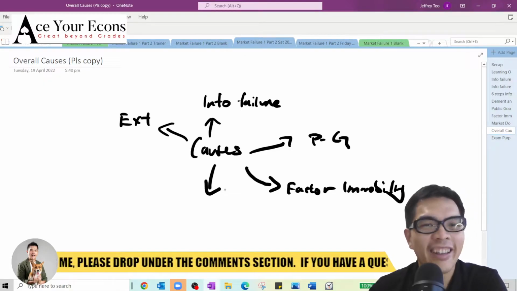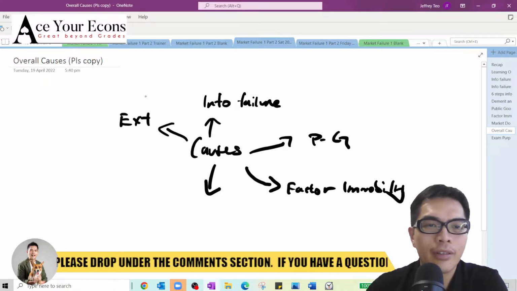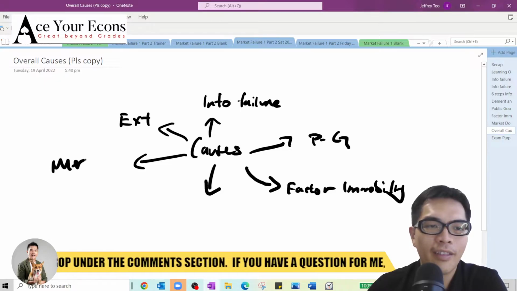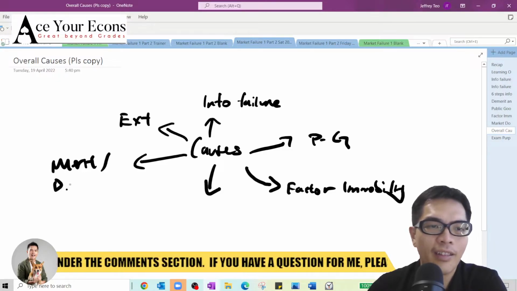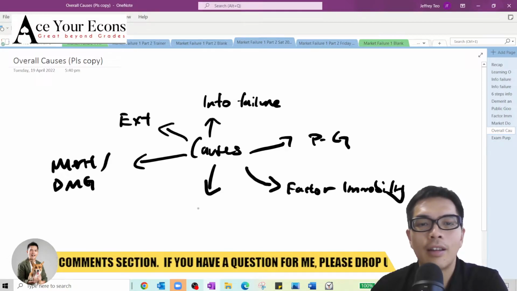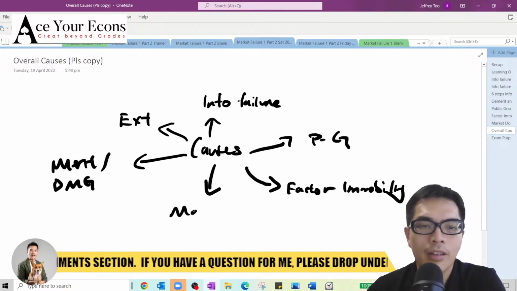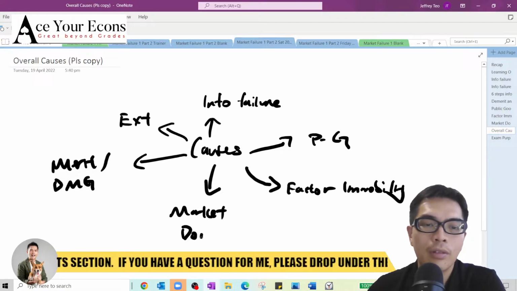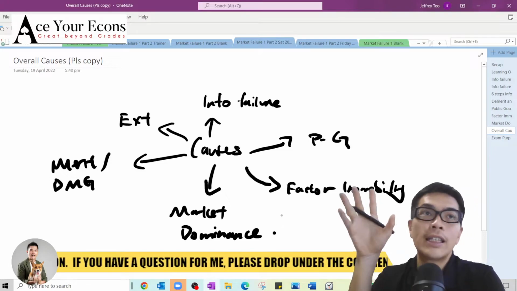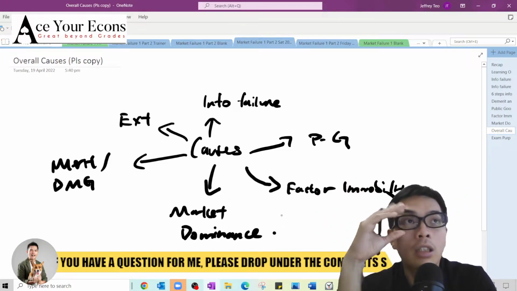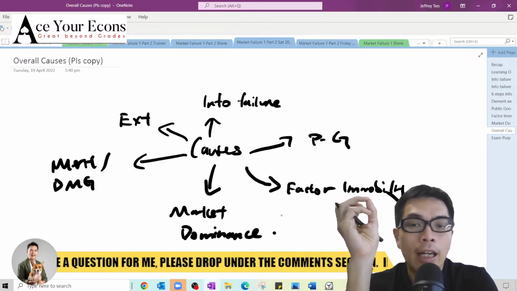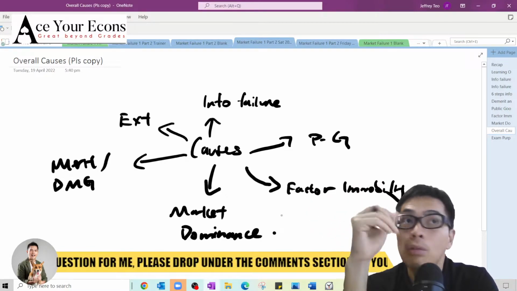Anything else? Merit, demerit good. Anything else? Market dominance. These are the main few. Like I've said, we studied this for a good reason. The odds for externality, info failure, and merit, demerit good are exceptionally high. The rest are not so much.